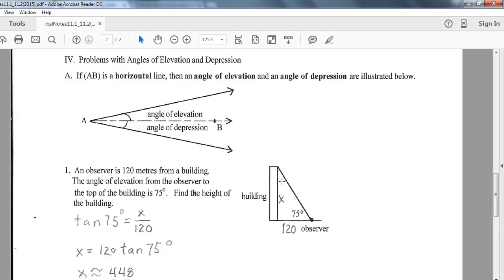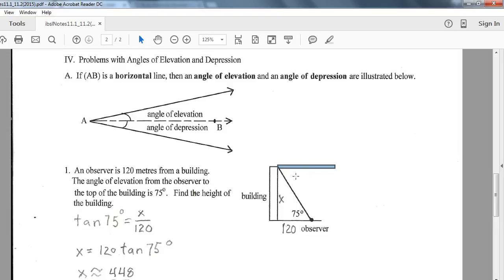So what we have to see on this, and let me see if I can get a little drawing in there. What we'd have to see is if you could draw a horizontal line right here, straight across. I'm hoping that's showing up for you. If I draw a horizontal line right there, now I can see this angle as my angle of depression, because now it's formed with a horizontal line.